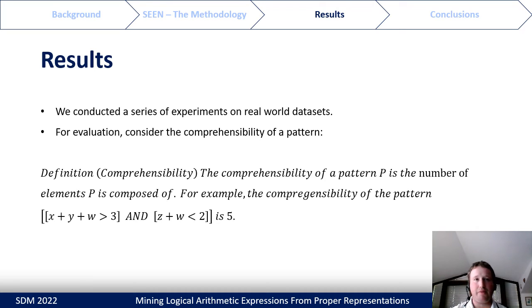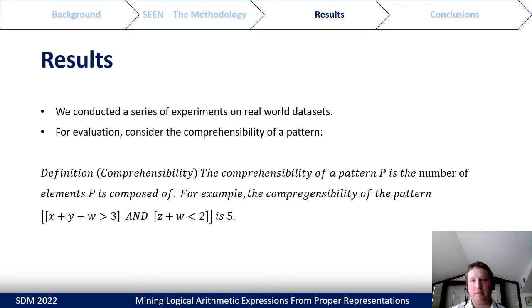To assess the performance and usability of the patterns generated by our method, I performed experiments on real-world datasets. Note that traditional pattern mining algorithms are evaluated in terms of their objective, such as the support of a pattern in the database.